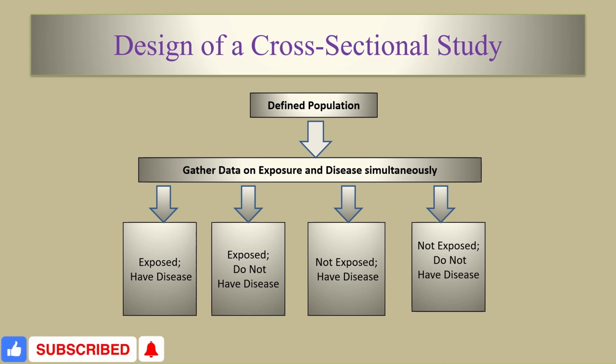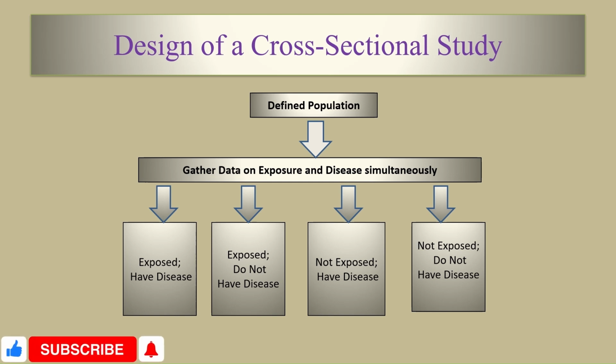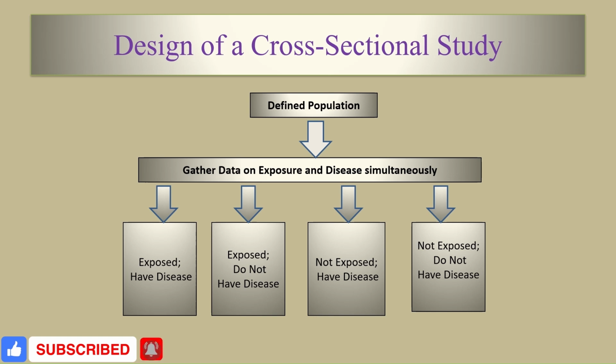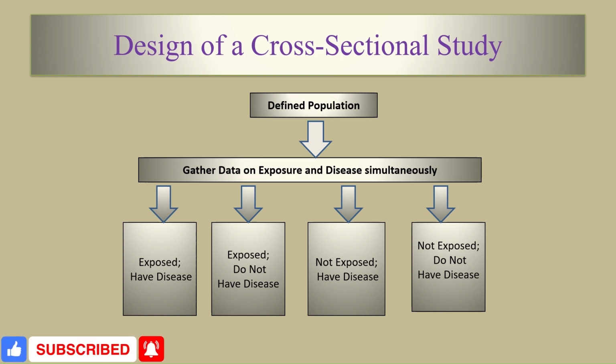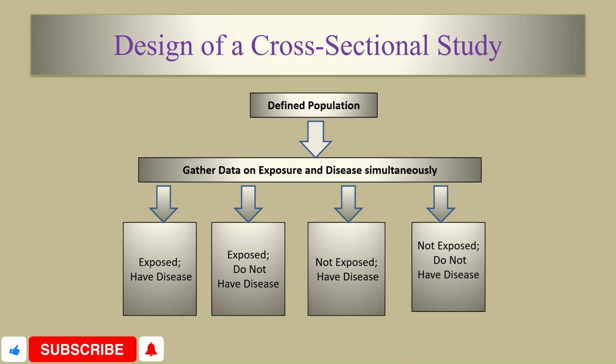The design diagram of the cross-sectional study is: define the population first, gather data on exposure and disease simultaneously; exposed have disease, exposed do not have disease, not exposed have disease, not exposed do not have disease. This is the 2 by 2 cross tabulation for cross-sectional study design.